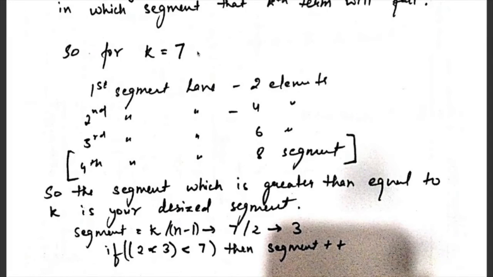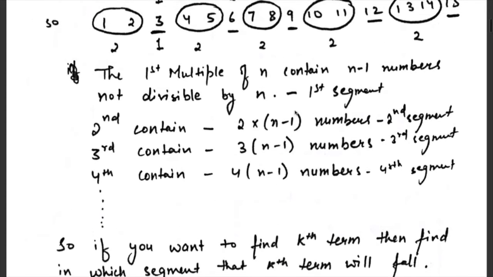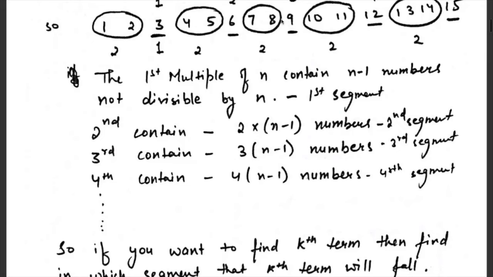So if you want to find the kth term, find in which segment that kth term will fall. For k equals 7, the first segment has 2 elements, the second has 4 elements, the third has a total of 6 elements, and the fourth has a total of 8 elements.